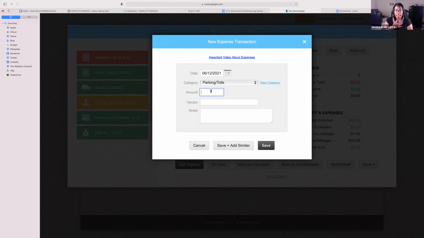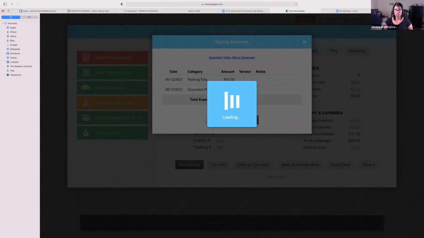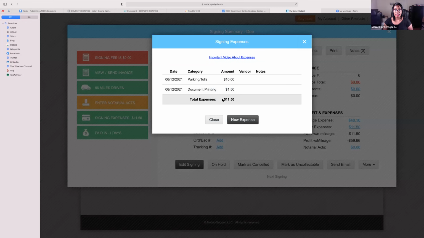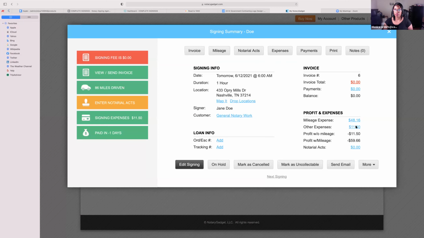No, because every customer is not going to need parking, but because I'm incorporating it into my standard pricing, everybody's going to contribute to the times where I do need parking. Does that make sense? So I'm going to put $10 here. Okay. So I'm going to always have an additional $11.50 in with my pricing.